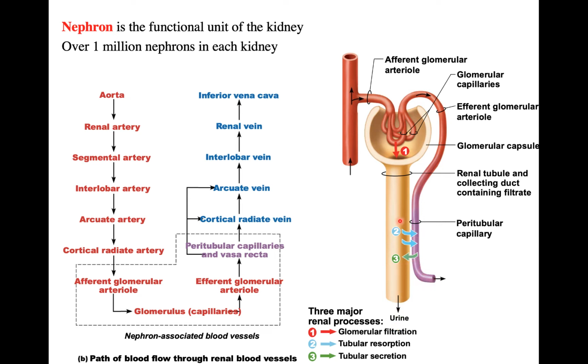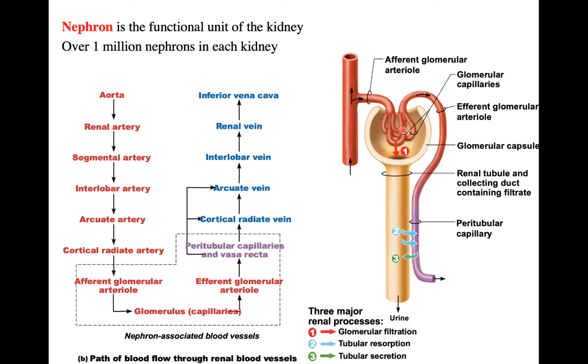So the process of moving solutes from the tubule into the blood is called tubular resorption. Another word for this that I'd like you to write down because I use it more often is tubular reabsorption. Again, tubular resorption is the same thing as tubular reabsorption.